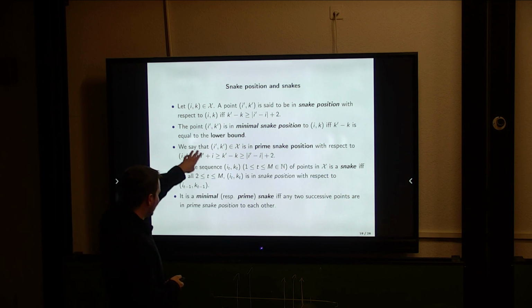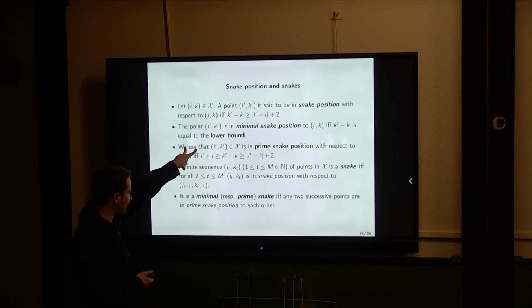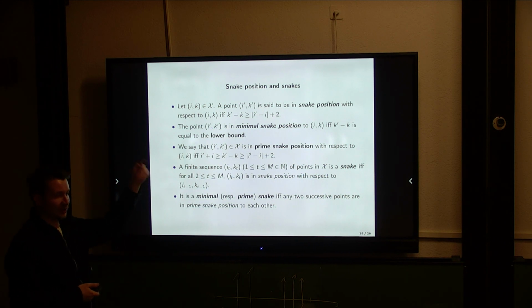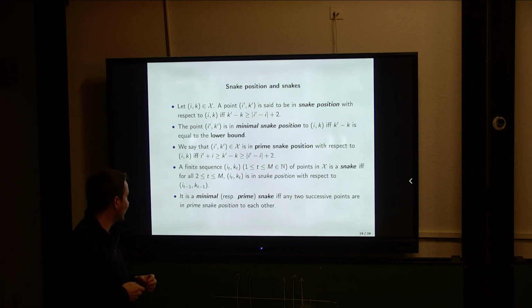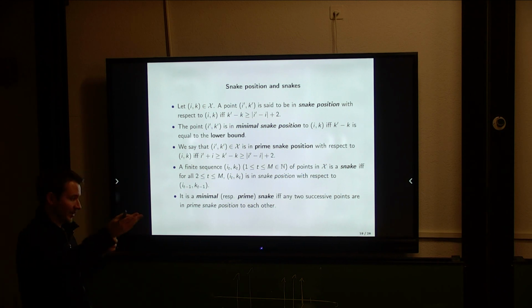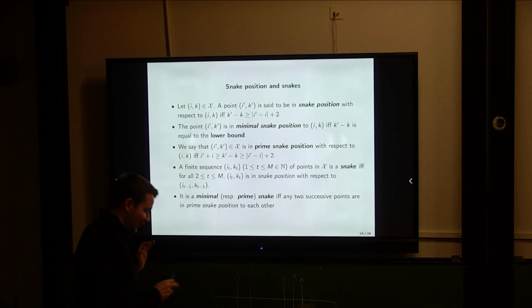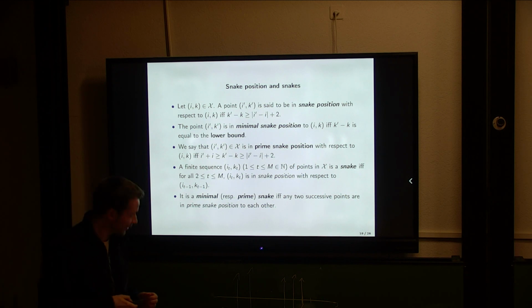So the difference of the loop parameters is greater or equal to the difference in the Dynkin nodes, so how many steps I have to go in the fundamental directions, and actually perpendicular to the fundamental directions, plus 2, and this is actually somehow where this fusion appears.